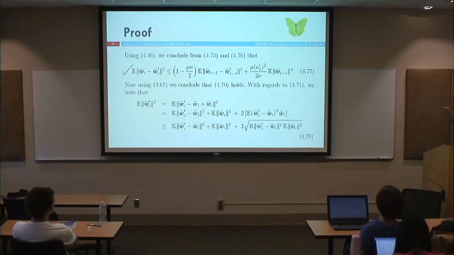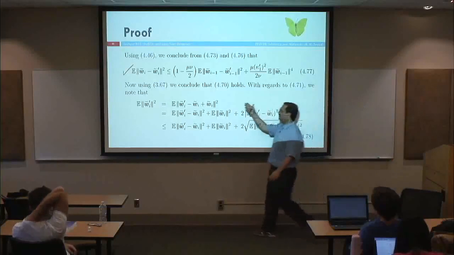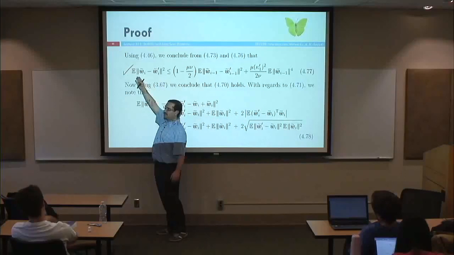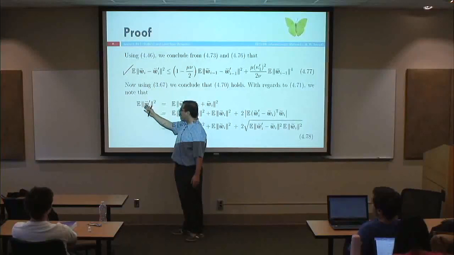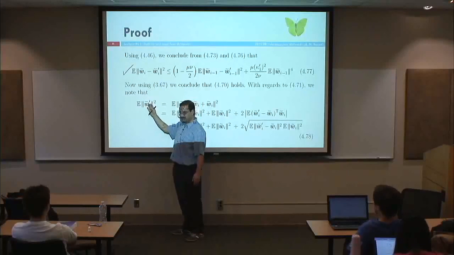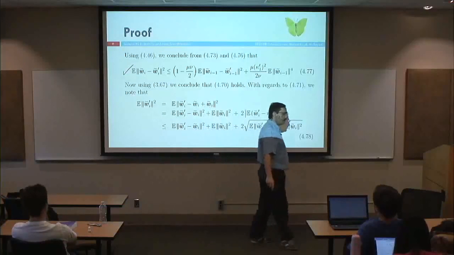From here I concluded the first equation. Let's go now to the second result. I'm not only interested in showing that this difference in steady state is of the order of mu squared, which I already showed. I'm also interested in showing that the lim sup of this is close to the lim sup of the similar term for the original system plus a small error. Okay, so here it is.